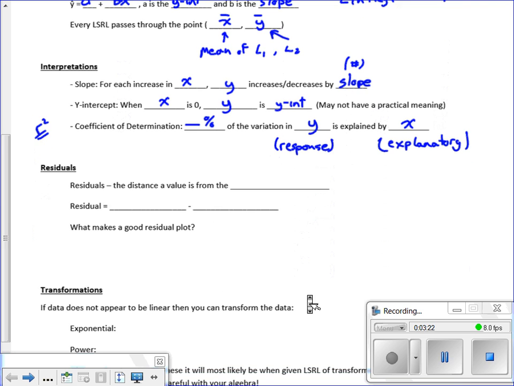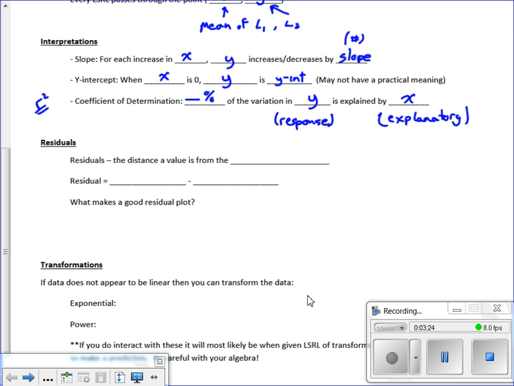As we start kind of picking through this stuff, we can talk about residuals. And basically, a residual is just going to be the distance a value is from the least squares regression line. All right, so if you do have some scatter plot, right, so here's our data points, and then if we were to plot the least squares regression line, a residual is just going to be that gap right there.